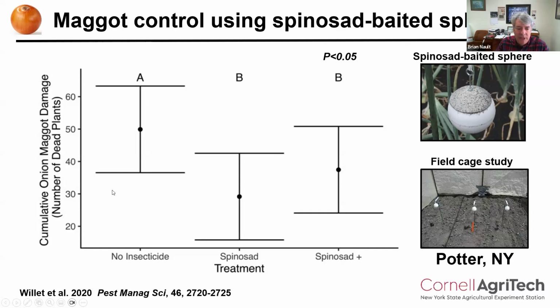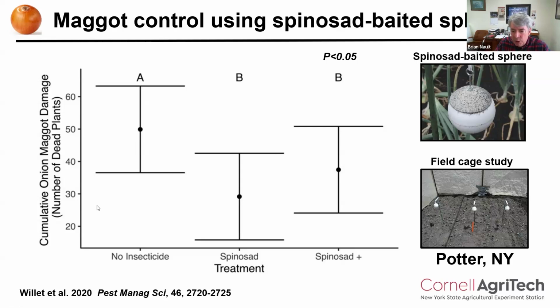And what we found is that here on the y-axis, the cumulative number of maggot damaged plants during the first generation, there was about 50% of the onion plants killed by maggots where there was no control at all, no seed treatments, no spheres.